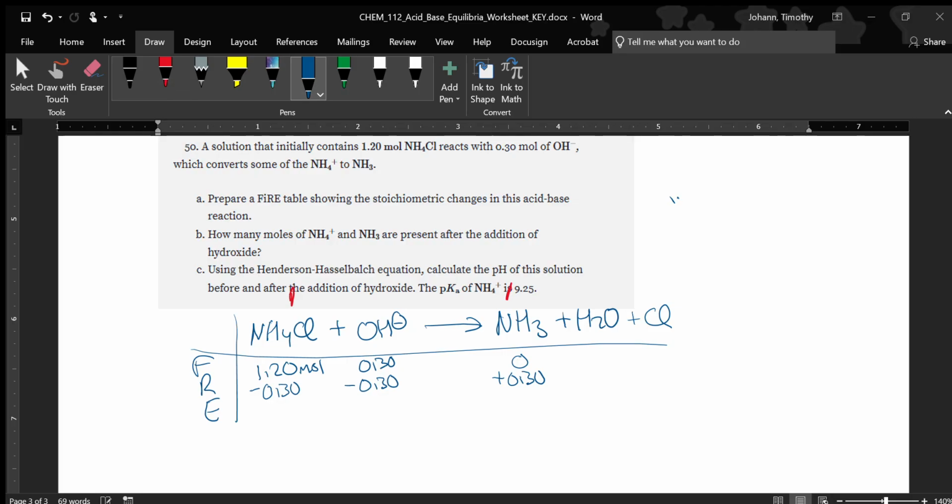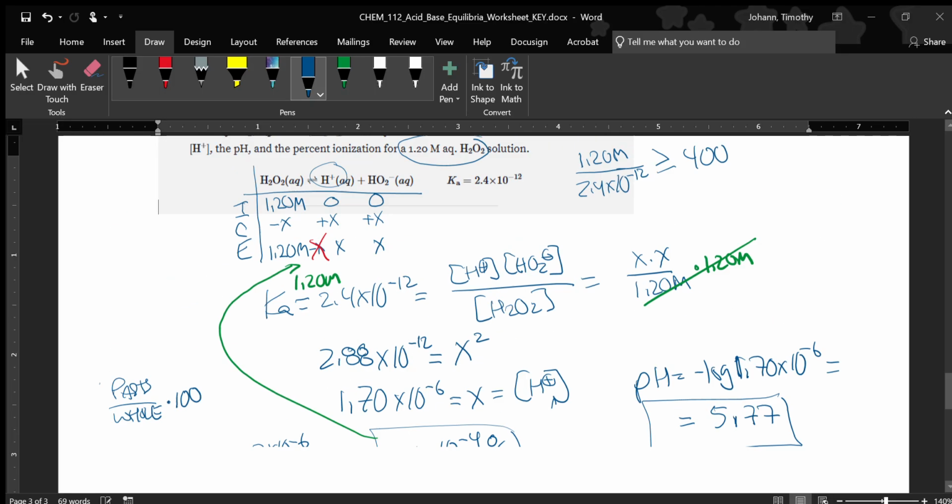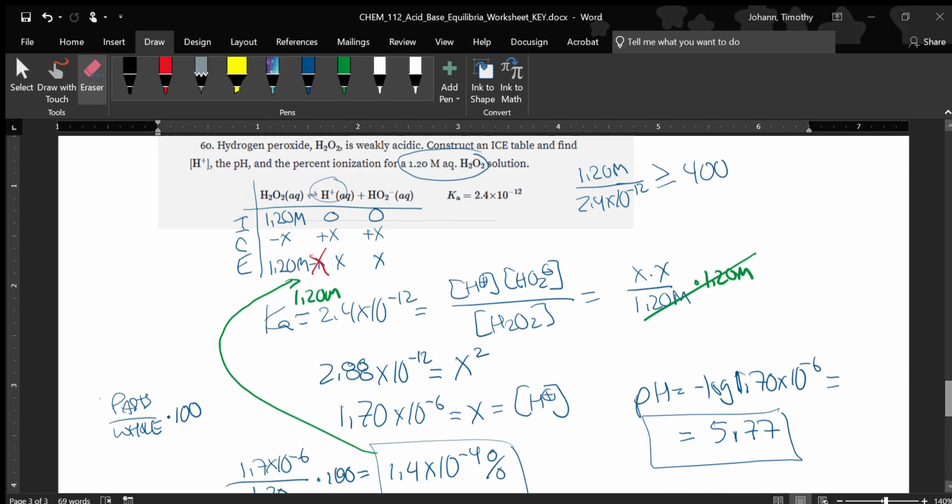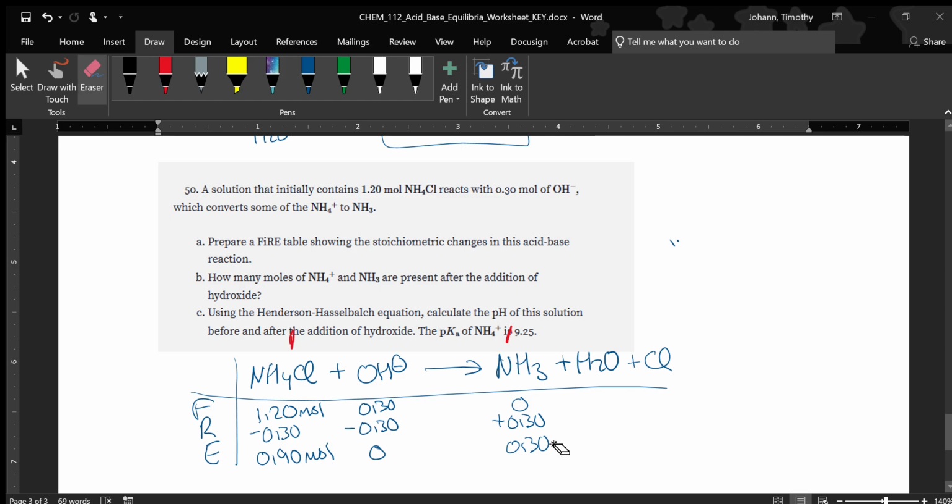And then our final amounts are going to be 0.90 moles, not concentrations, 0 of this, and we're going to end up with 0.30 moles.